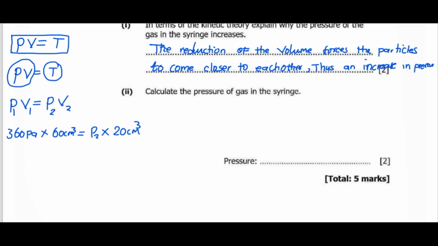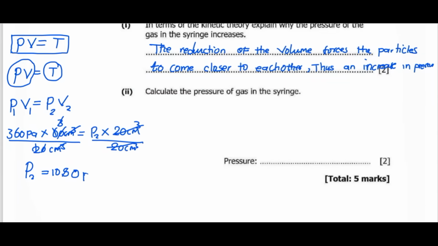So we can just divide by 20 cubic centimeters, also here by 20 cubic centimeters, so that the volume 2 cancels and pressure 2 is 360 times 60 over 20. 60 divided by 20 is 3. 3 times 0 is 0. 3 times 6 is 18, carry 1. 3 times 3 is 9 plus 1, 10.